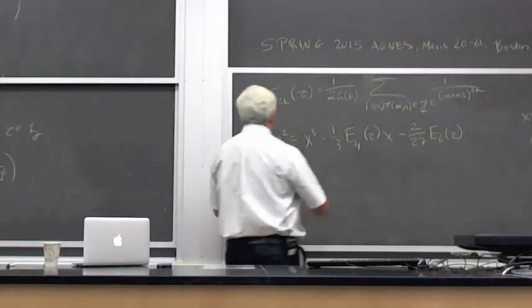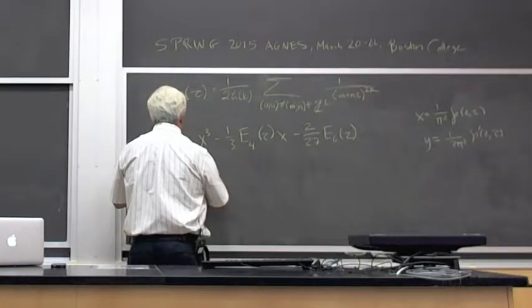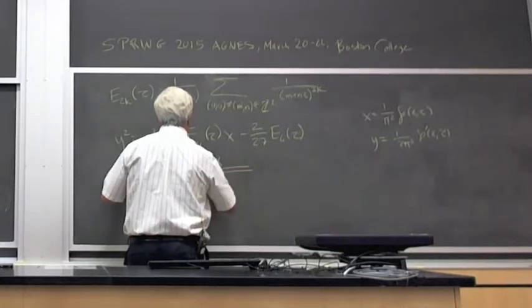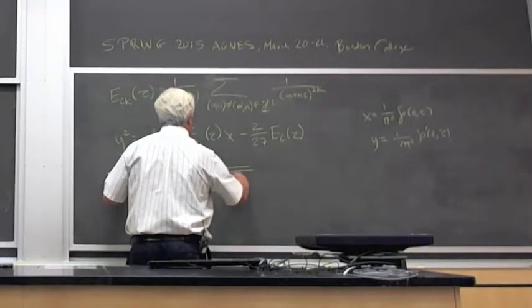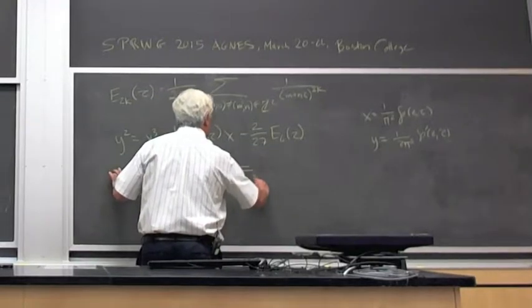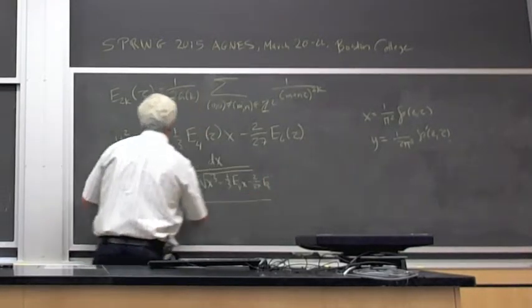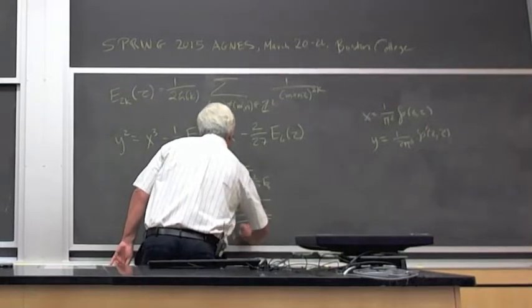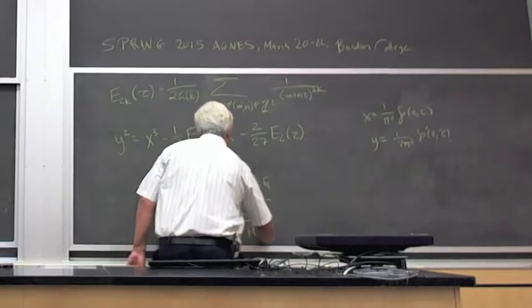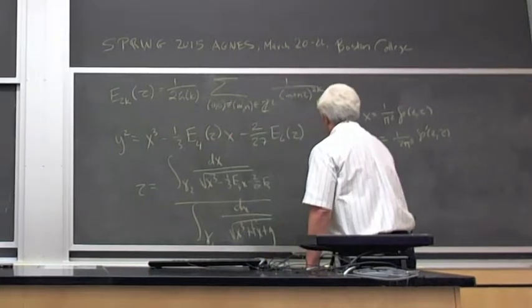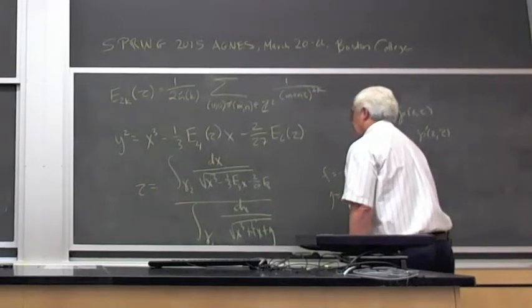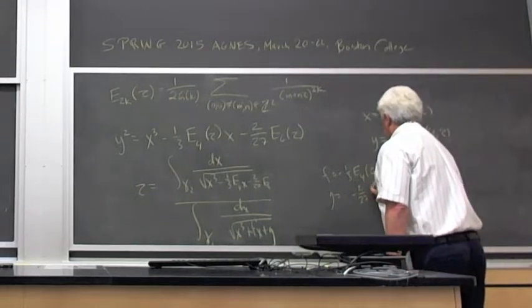And conversely, using Abel and Jacobi, tau can be recovered as an integral over gamma 2 of dx over the square root of x cubed minus a third E4 x minus 2/27 E6, divided by the same integral over cycle gamma 1. And in the denominator, I'm going to make my life simpler by setting f to be minus a third E4 of tau, and d to be minus 2/27 E6 of tau.